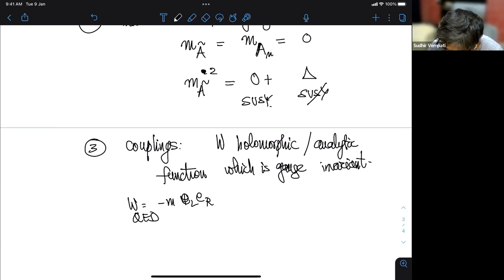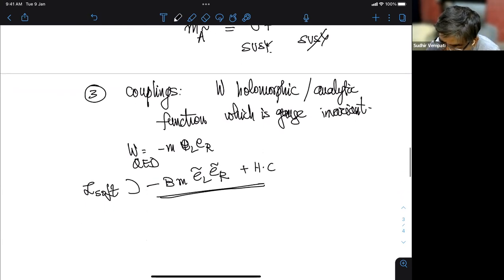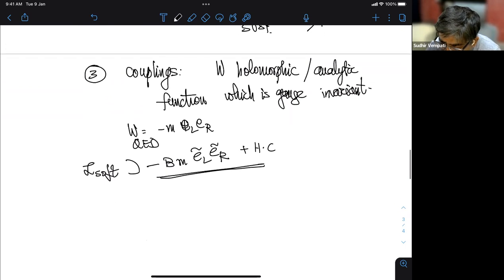Suppose I write the same thing in the scalars, with the scalar fields instead of superfields, as a soft term given by minus B M EL tilde ER tilde plus HC. So L soft contains such a term, and this also breaks supersymmetry, because it's a dimensionful term.